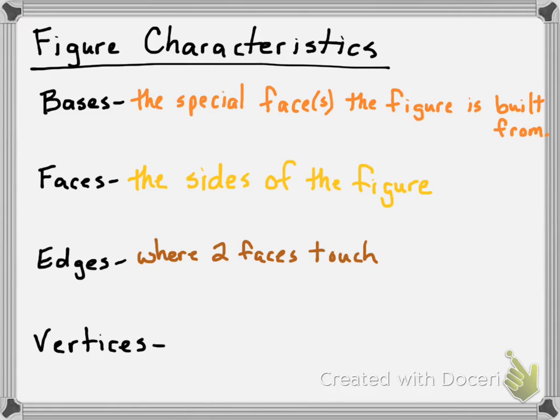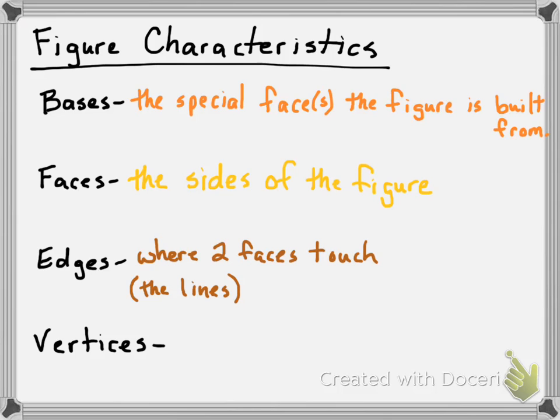Now, how can you find that when you're looking at a shape? Well, it's pretty simple. That's the lines. Okay, the lines you draw when you're drawing the prism or the pyramid, those are the edges.